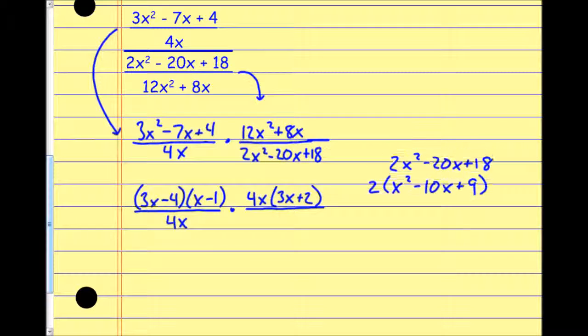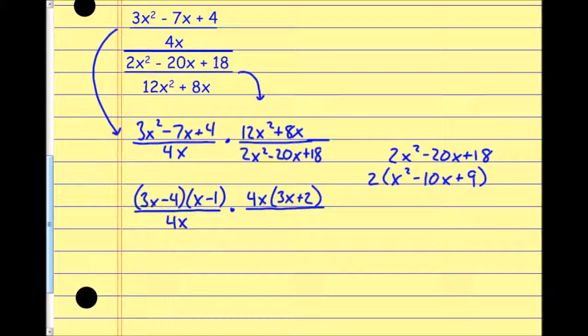So let me just build a bridge inside here. There we go. That's a positive 9. That's going to be a negative 9 and a negative 1. Since I factored out that 2, the 2 is going to tag along for the ride, but what's inside I can do my shortcut with now because it's got a leading coefficient of 1. So I've got a 2, an x minus 9, and an x minus 1.